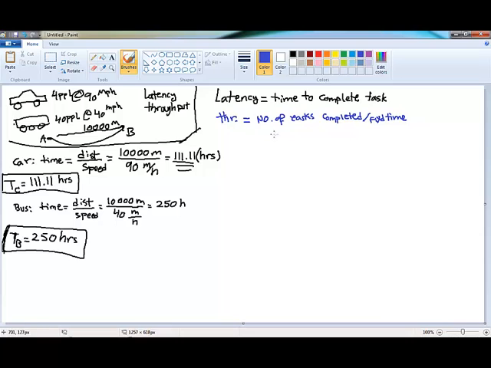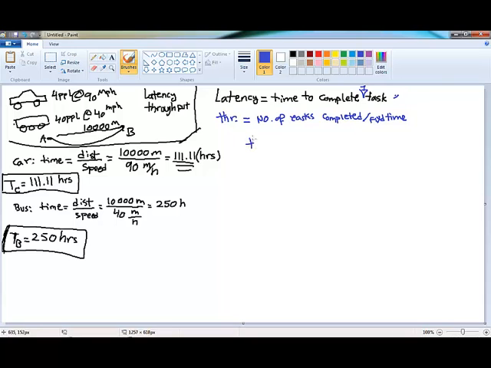So to calculate this, we actually need two concepts. First, we need the concept of latency, or the time it takes to complete one task. So here, to complete one task, I just type 1 here. And the throughput now becomes how many tasks are completed over a period of time.